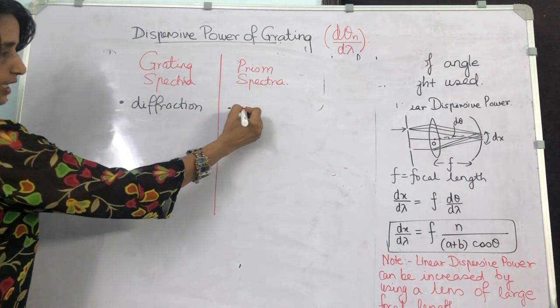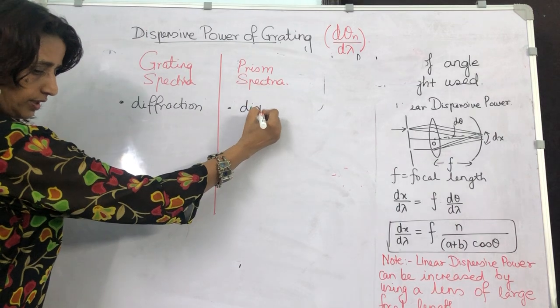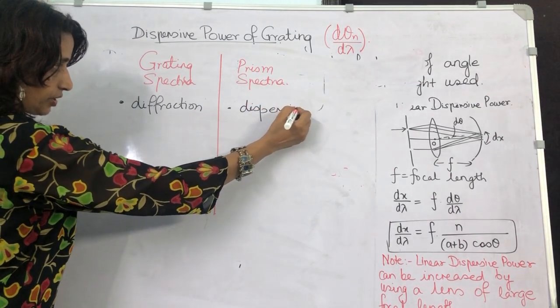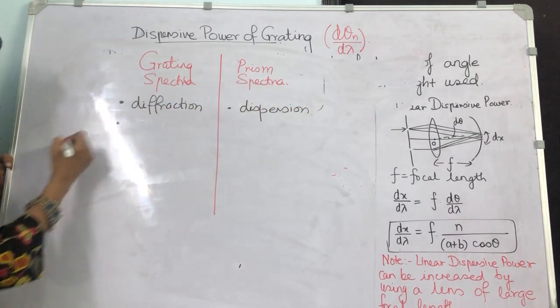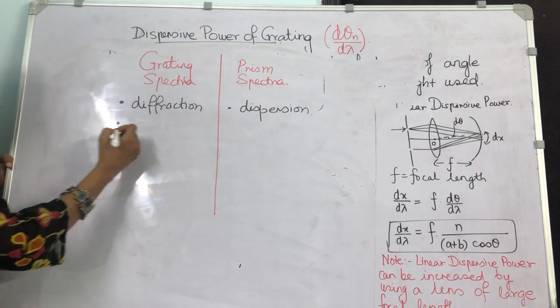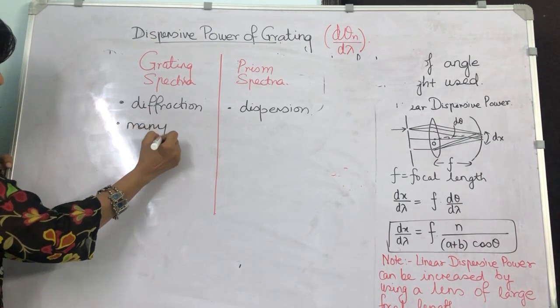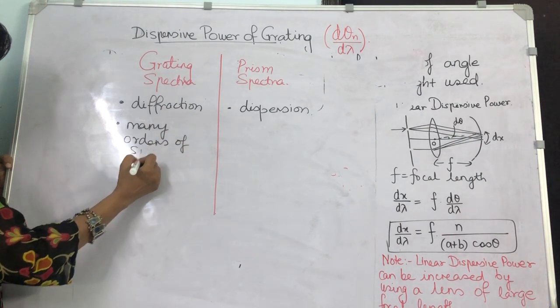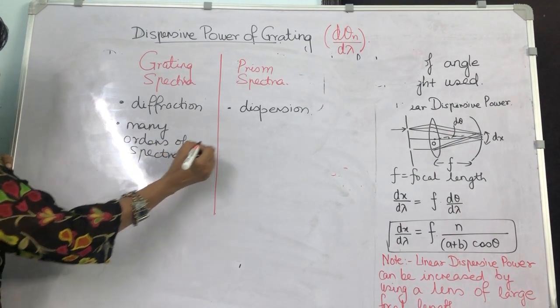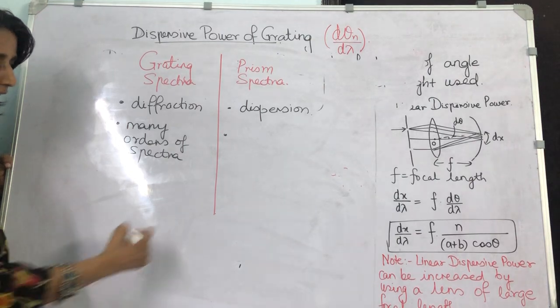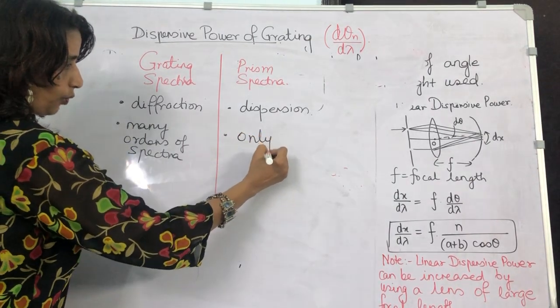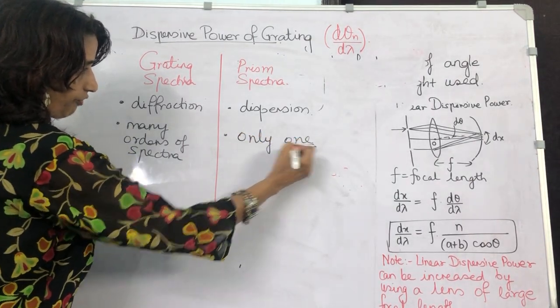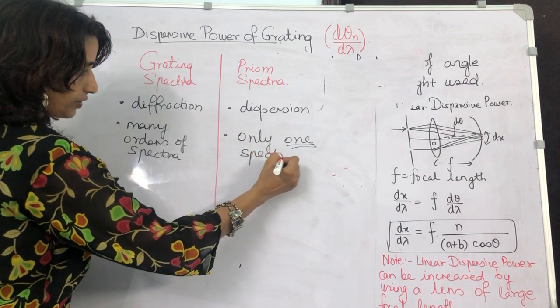Prism spectra is due to dispersion. Dispersion of light happens, then prism spectra comes up. Grating gives us many orders of spectra, whereas the prism has only one spectra, one and only one spectra.